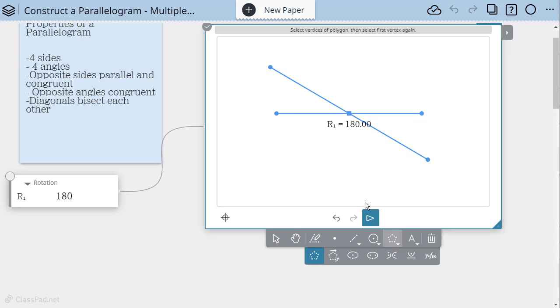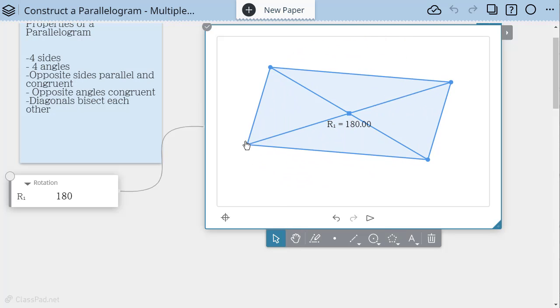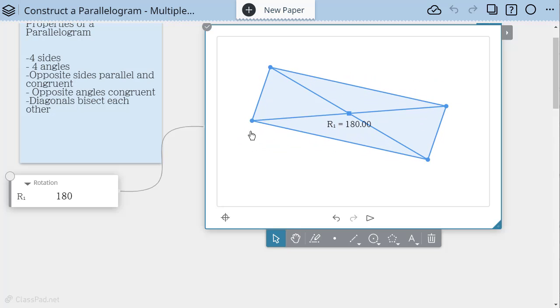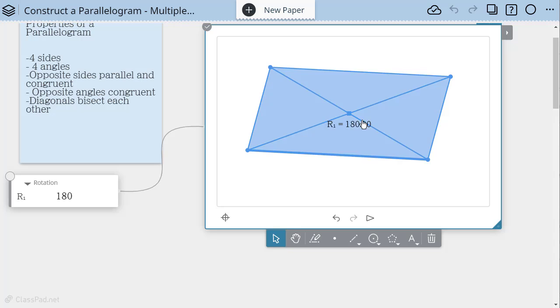So let's get our polygon tool and connect the 4 vertices. And there is my polygon, and it should be a parallelogram because those diagonals are always bisecting. And so then I could go and test things like, are these 2 sides here parallel?